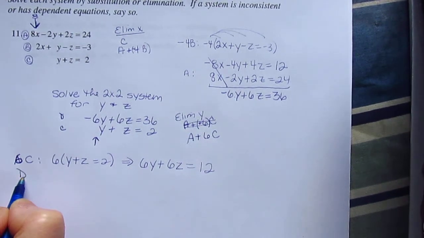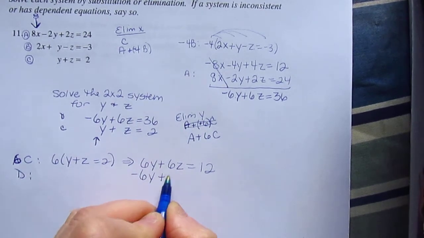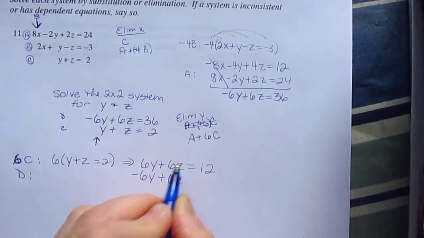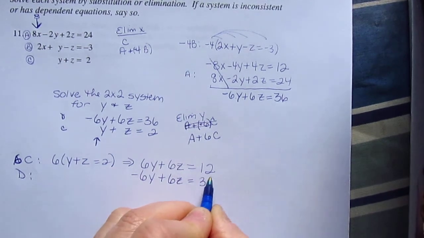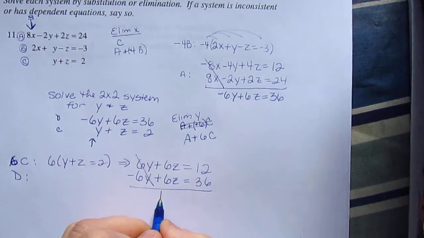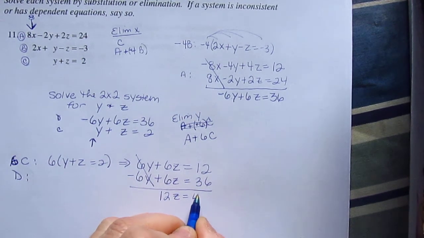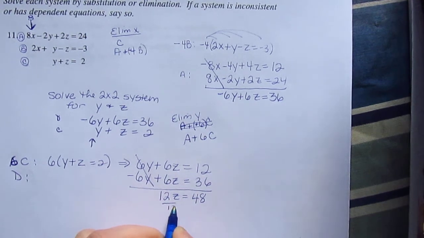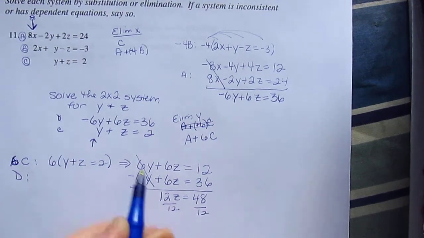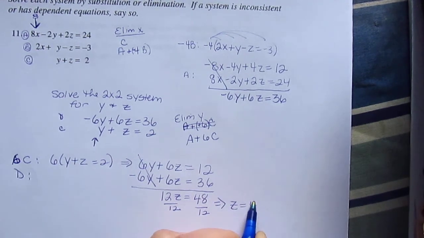And then I want equation D: -6y plus 6z equals 36. These drop out just as we suspected. 12z equals 48. Divide by 12. Z equals 4.